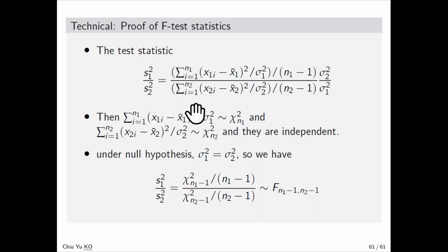Look at this particular part: with sigma 1 here, this one is chi square n1 and this is chi square n2. Under the null, sigma 1 and sigma 2 are the same, so you can simplify this, and under the null they follow the F distribution.